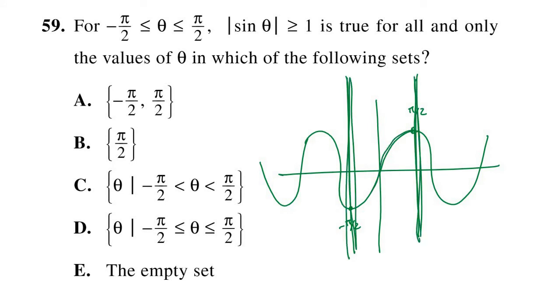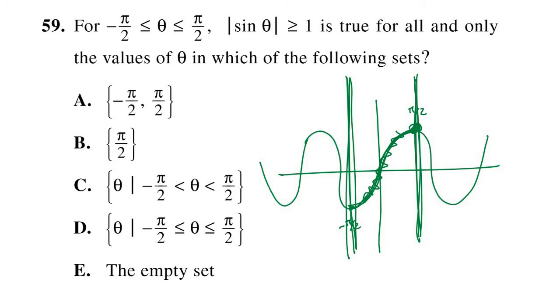And if we want to know the absolute value when it's greater than or equal to 1, we know that all of this area in here is going to be less than 1, or closer to 0.